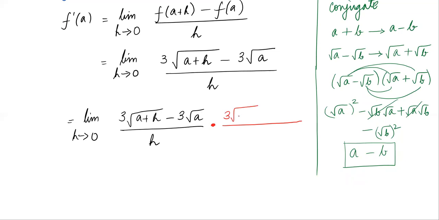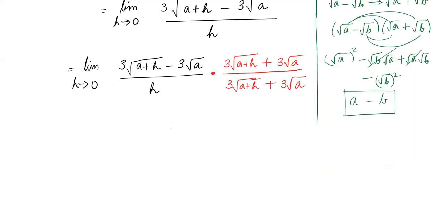So conjugate, remember, equal and opposite. So 3 times square root of a plus h and 3 times square root of a. These are the players. In between you had a minus, so you're going to have a plus here. And what you do on the top, you do to the bottom as well to preserve the balance. All right. Once you've set this up, go ahead and FOIL the numerator.